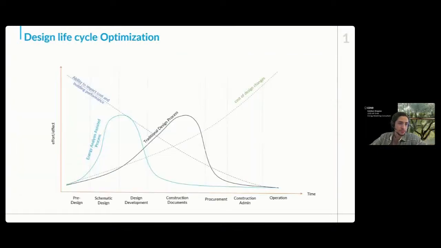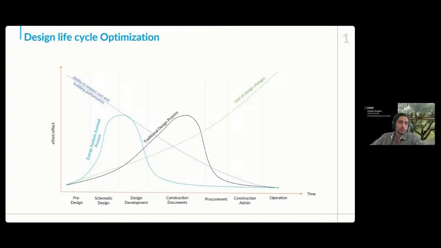Also, I mentioned this design life cycle optimization. So this graph here shows the effect that energy modeling has over the life cycle of design. The earlier you do it, the better you can impact the cost and efficiency of your building at a lower project cost.